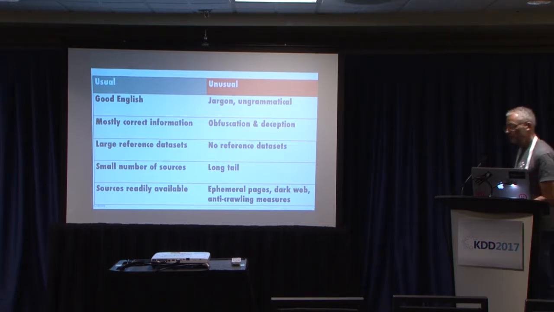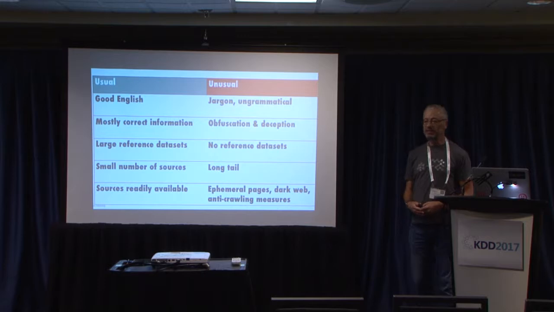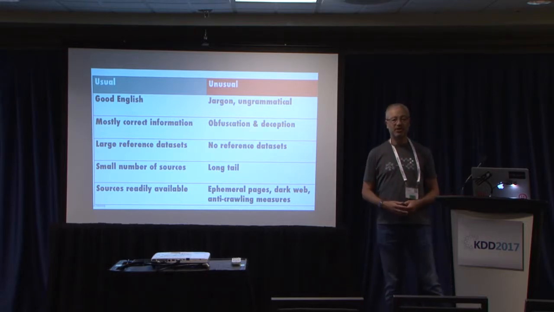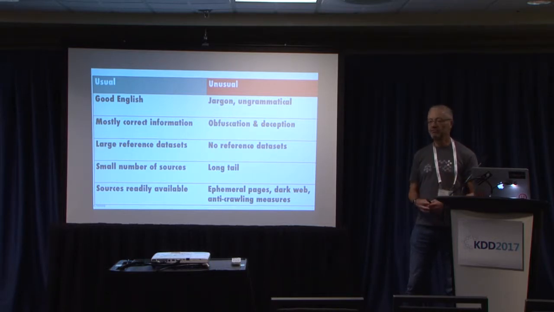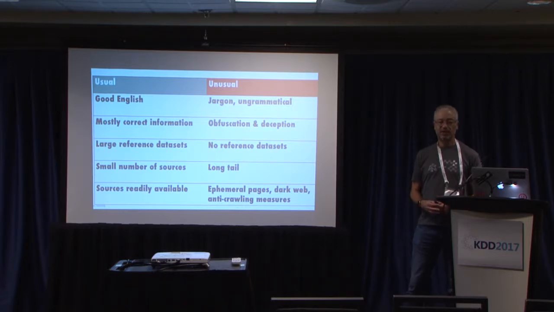In many usual domains, there are very large websites that have a lot of the content that you are interested in. In unusual domains, there is a long tail of many little, specialized websites that contain useful information. You would not believe it.